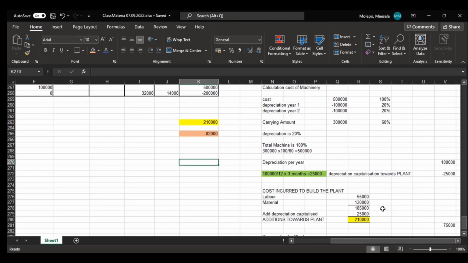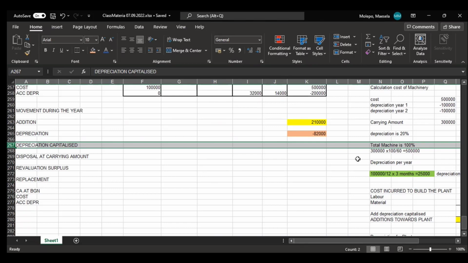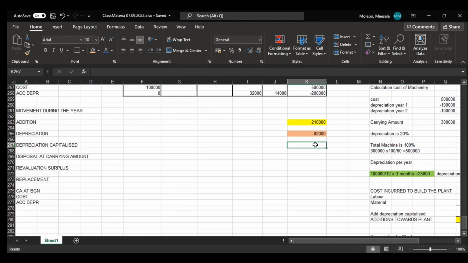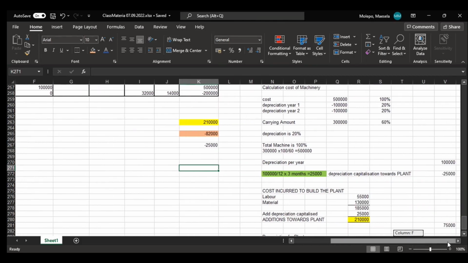Because right now we subtracted it already. Yeah, on this line, we're going to put it in brackets. That's 25,000. But isn't it going to be subtracted twice if you subtract it there, and we already subtracted it here, in the depreciation for the year?